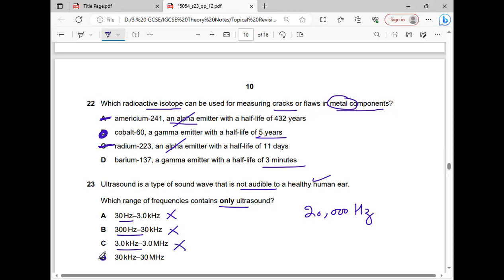Not. 30,000 hertz to 30 megahertz? Yes. Option D is the correct answer. So, the audible frequency range is 20 to 20,000 hertz, and above the audible range, above 20,000 hertz, those sounds are termed as ultrasounds or ultrasonics.